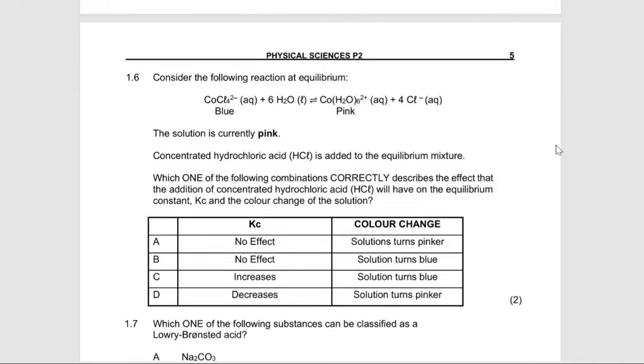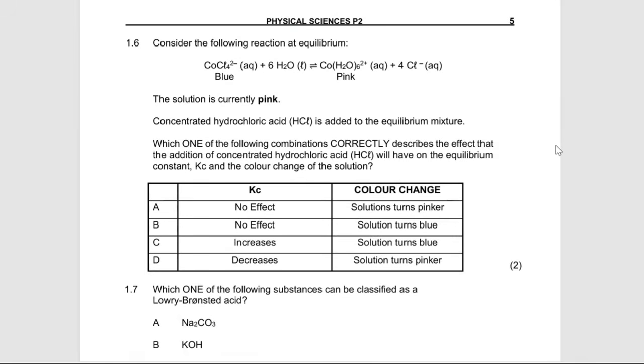Then moving on to 1.6, it says consider the following reaction at equilibrium. So the reaction is at equilibrium, therefore we're having CoCl4 2 negative plus 6H2O, which is a liquid, to give us Co(H2O)6 2 plus, then also 4Cl negative, right? So the solution is currently pink, so they gave us a color which is pink.